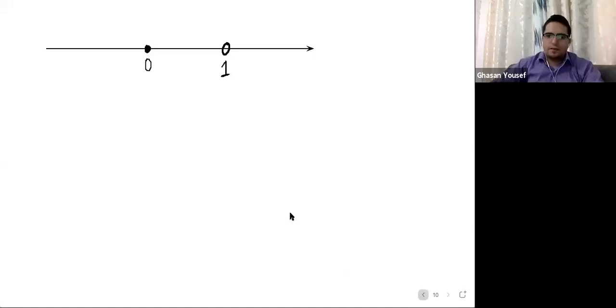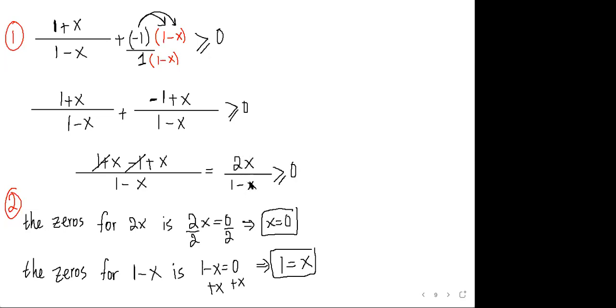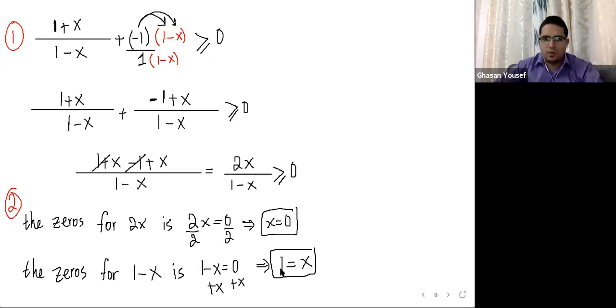Wait, I'm sorry, but can you please explain why you made that one shaded and that one an open circle? Okay. So go back. For this one, the zero for 2x gives x equals 0. This is in the numerator, the top of the fraction. And the zero for the denominator is x equals 1.